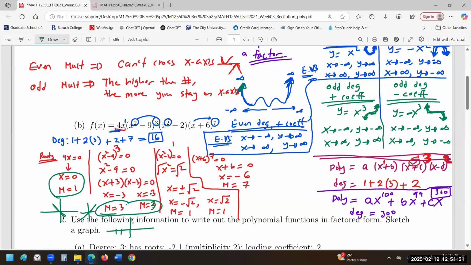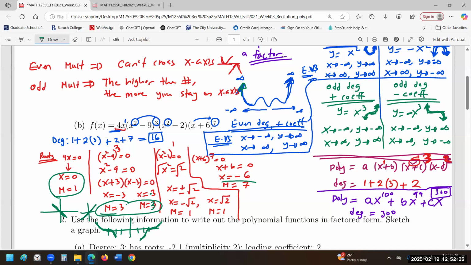It means when x is negative 3 and when x is positive 3, you're crossing the x-axis either this way or this way. So you're staying on the x-axis for a little bit and then you're crossing it, just like a cubic function. And here for multiplicity one, it's a straight crossing. It goes straight away. But when you have a power 3, you go in a cubic way. So you slide down a bit and then you cross it.